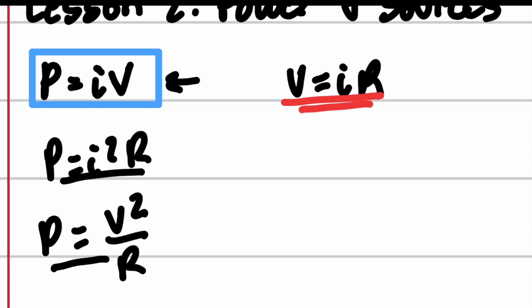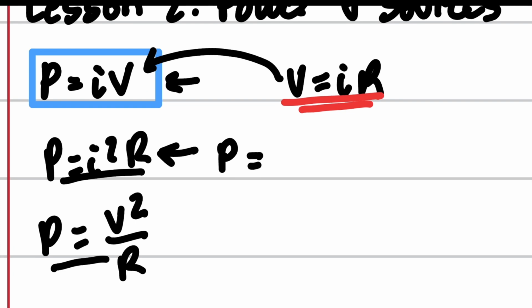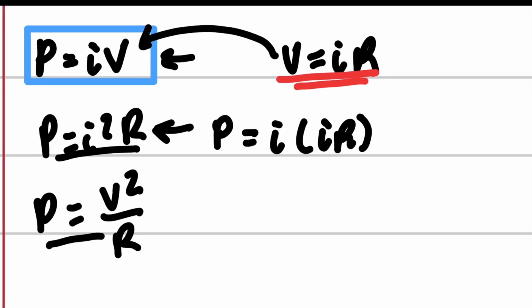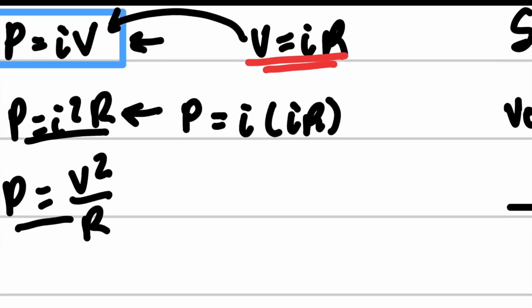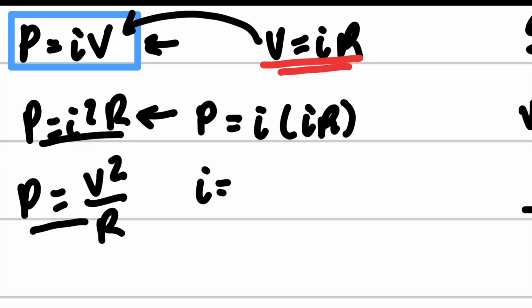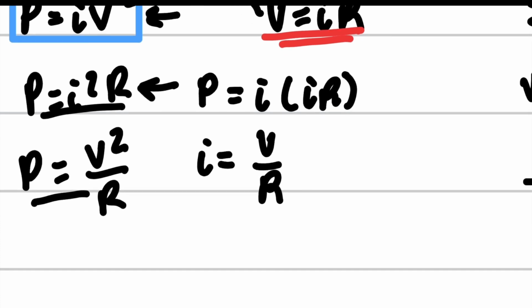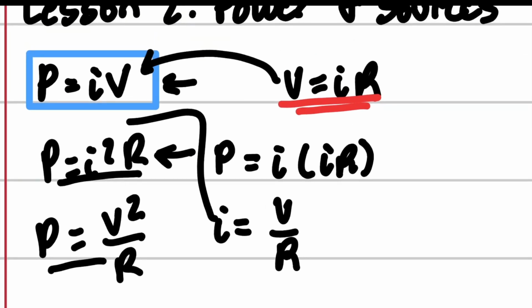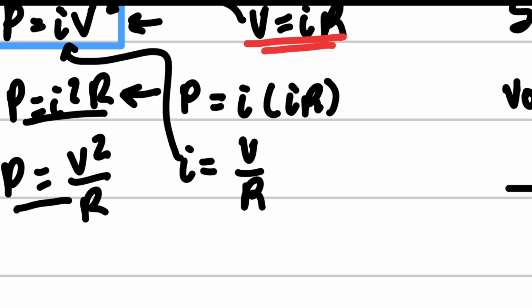So the way of obtaining this one is you simply plug in V into here, and you get P equals I times IR, which you can see will become I squared times R. And with a little bit of algebraic manipulation, you can divide both sides by R and get I equals V over R, and plug I into the power equation, and you get V squared over R.